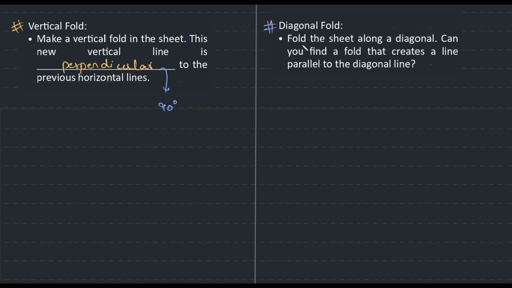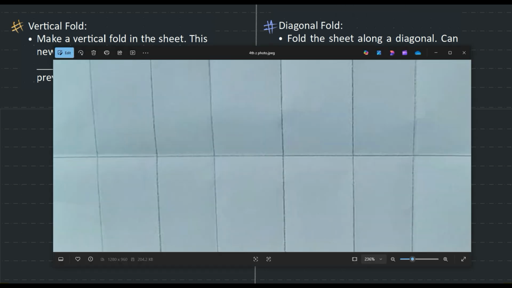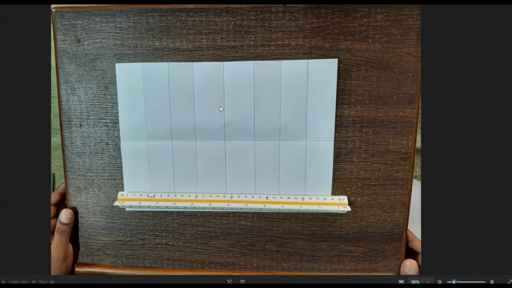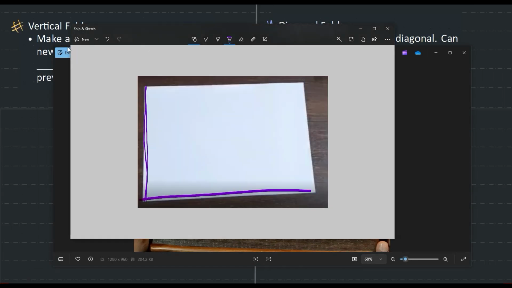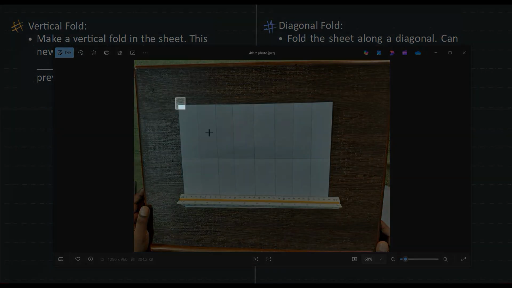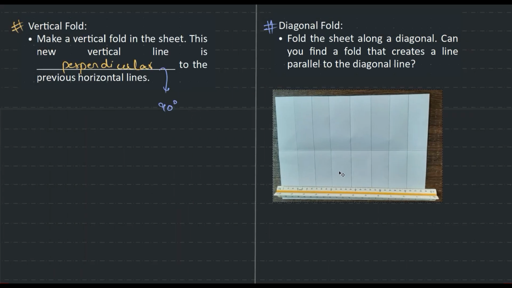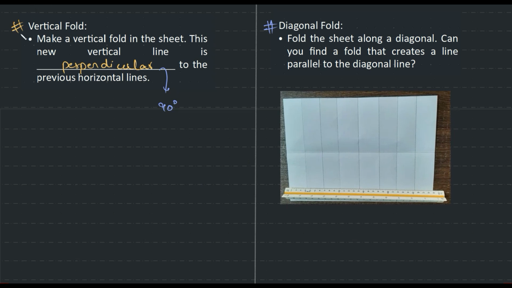This I missed out. Fold the sheet along a diagonal. Can you make a fold that creates a line parallel to the diagonal? I should have done this, but I have not. Basically, a diagonal line would look something like this.